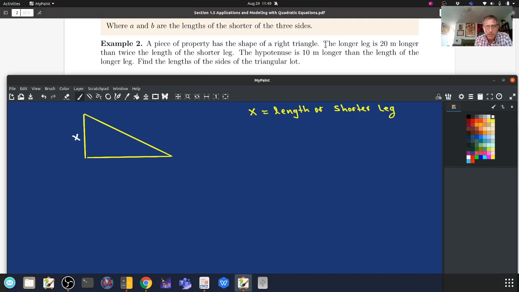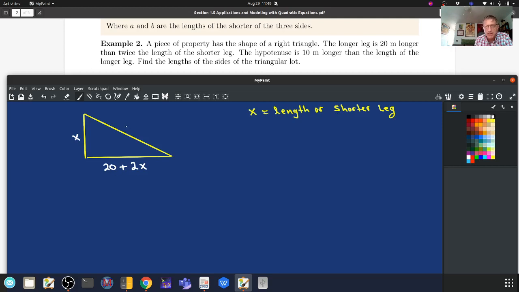The longer leg, which is this one down here, is 20 meters longer than twice the length of the shorter leg. So it's twice the length of the shorter leg, which is 2 times x, because x is the length of the shorter leg, and then I'm adding 20 to it.